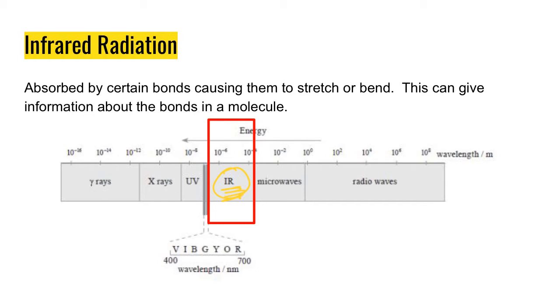And when they absorb this kind of radiation, it causes them to stretch or bend. This stretching or bending, we can actually visualize, and that is going to give us some information about the final structure of our chemical compound.